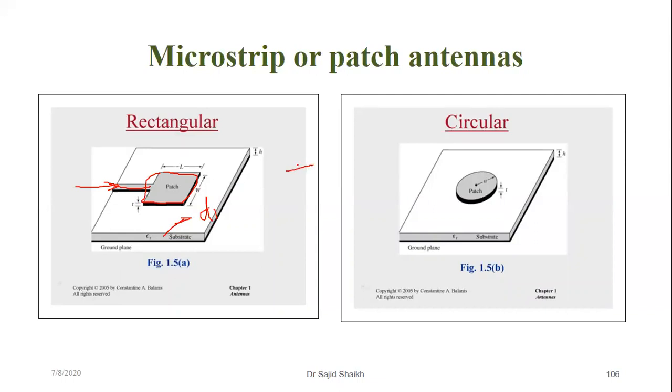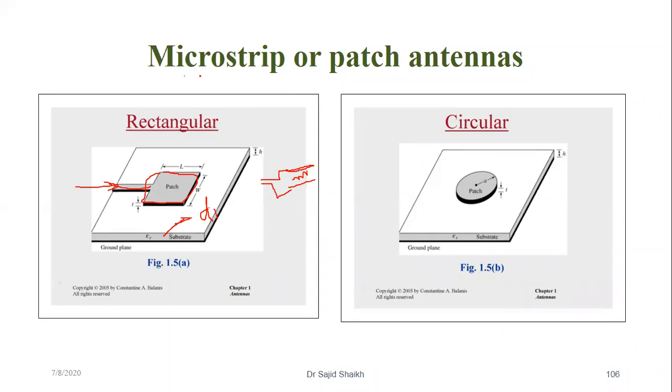This is the upper patch, and this is the lower patch, and in between you have some dielectric material, and here this is connected to the source. Such antennas are called patch antennas. The size of such patch antennas is very small. That is the significance of this patch antenna or microstrip antenna.